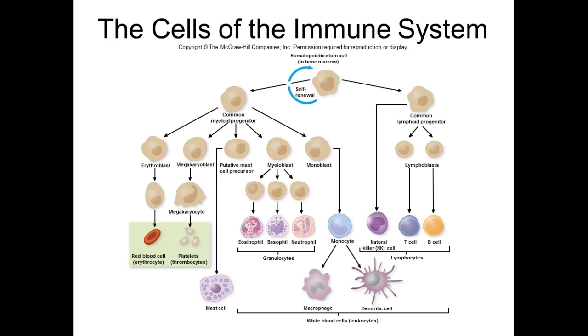Not to say you're not going to find these in other places. As we'll start looking at, T cells and B cells will travel into the tissues. They're in high concentrations in your lymph nodes, which is one of the areas where your body comes in contact with antigen.